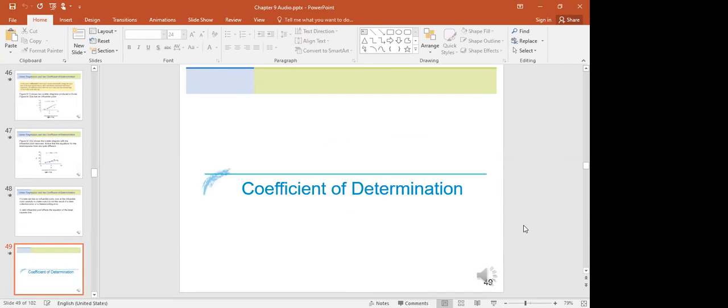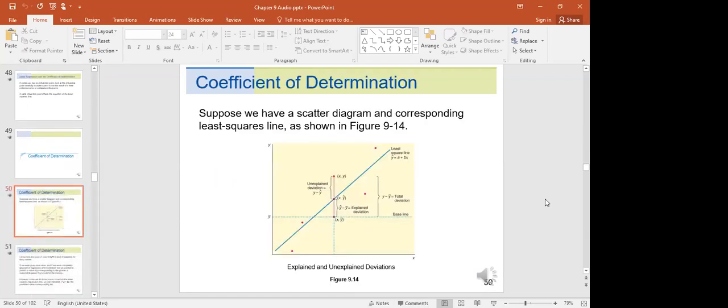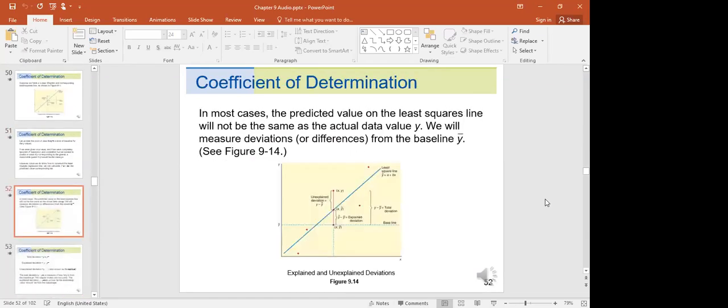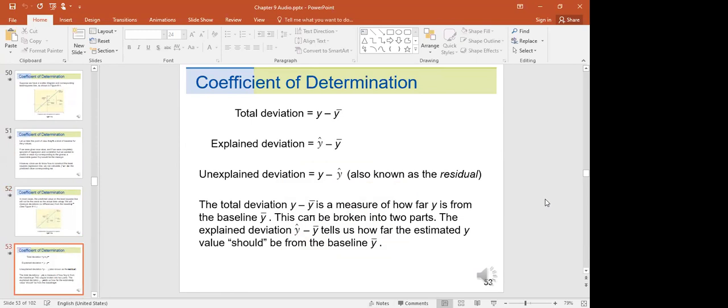Coefficient of determination. The coefficient of determination and non-determination are useful information that could help us to determine some values in a regression. First, remember that when we were finding the standard deviation or the variance, we first find the difference between each value and the mean, the sample mean.